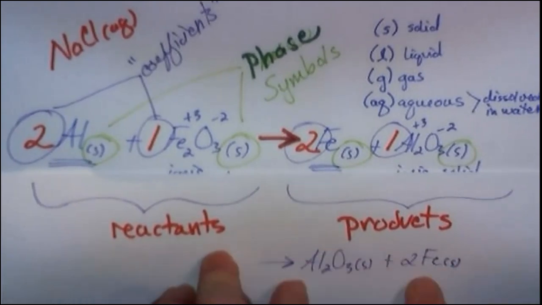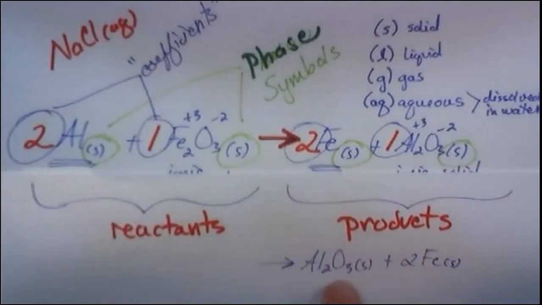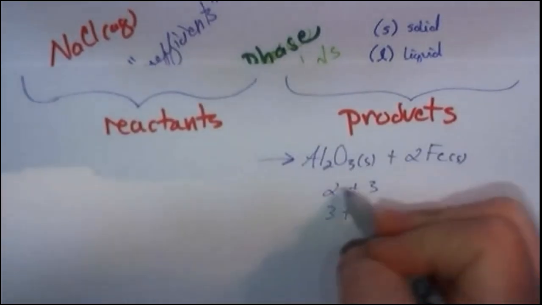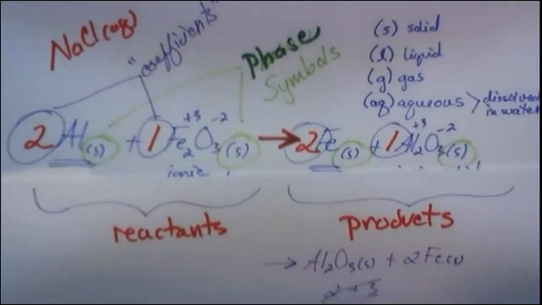Okay, the order of the products doesn't matter. The side of the arrow they're on matters. So as long as a product is to the right of the arrow, it doesn't matter the order. Just like 2 plus 3 and 3 plus 2 are the same. It doesn't matter. Okay, so the order, but the side of the arrow matters.